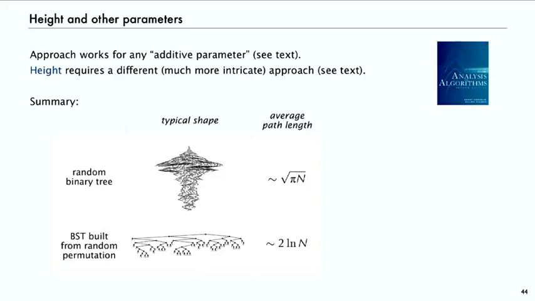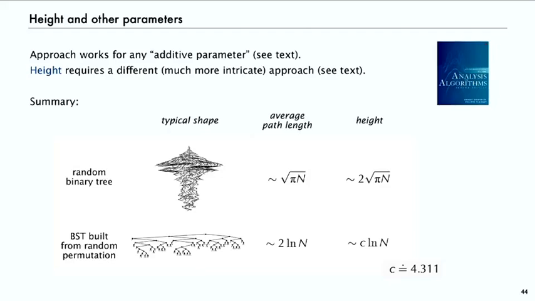For BSTs from random permutation, it's 2 natural log n. And again, in the book, there's some description, although both of these derivations are quite intricate. The height now is known for random binary trees to be twice that average. And for random BSTs, it's a little more than twice. It's a constant times natural log n, where the constant is about 4.31.